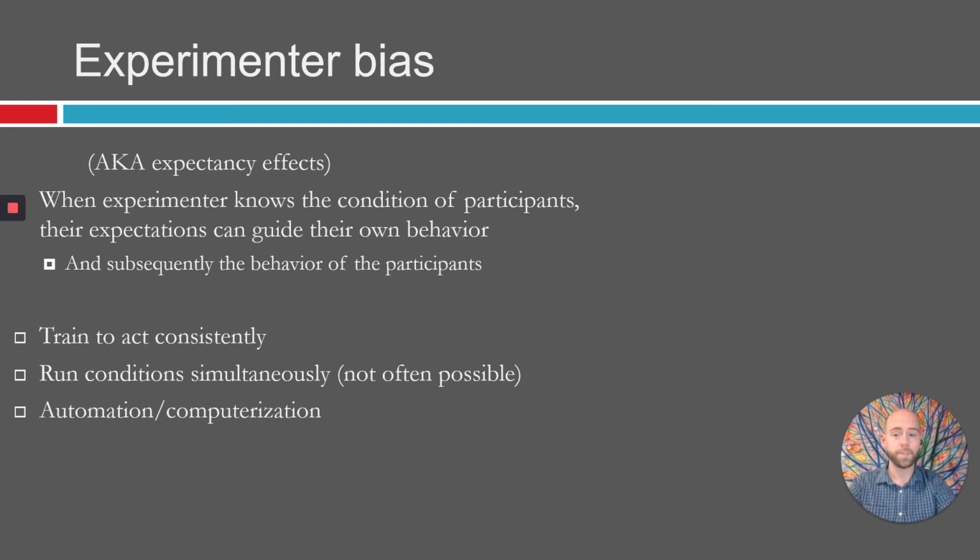For our purposes, we don't necessarily need to think about experimenter bias as much here, unless, let's say, you were coding people's open-ended responses to your survey, and you knew what condition they were in, then your bias might creep in there to how you're coding them.